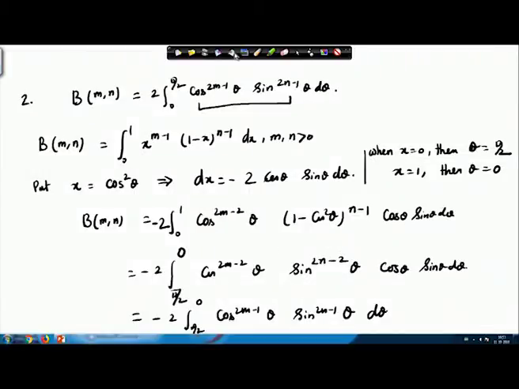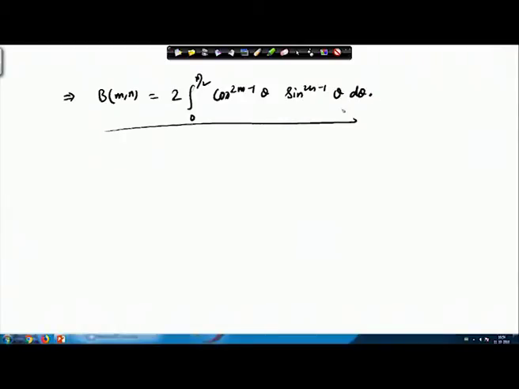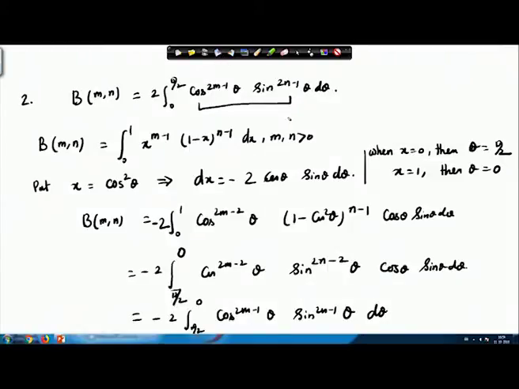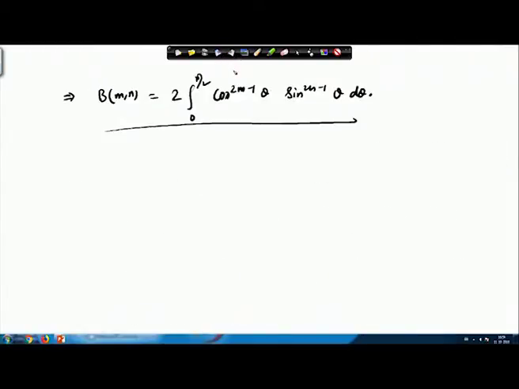So, I can use that property and write the integral beta(m, n) as 2 times integral from 0 to pi by 2 cos of 2m minus 1 theta times sin of 2n minus 1 theta d theta, and this is what we needed to prove, right. So, our algebraic expression can be reduced into a trigonometrical expression for this beta function.